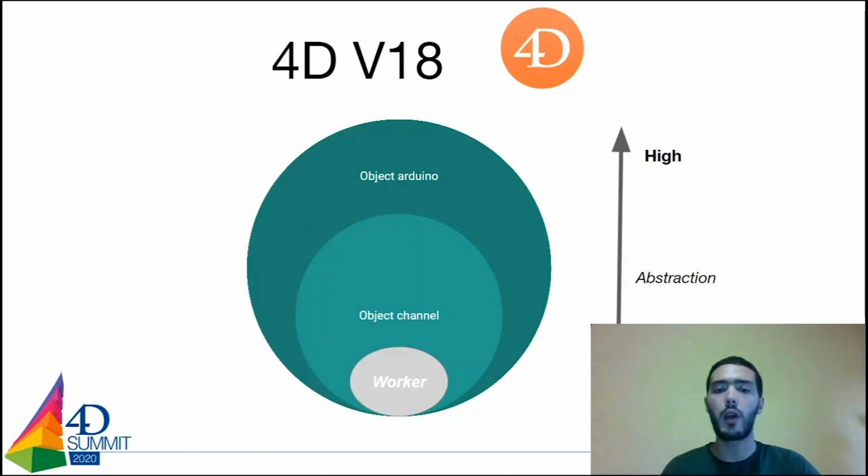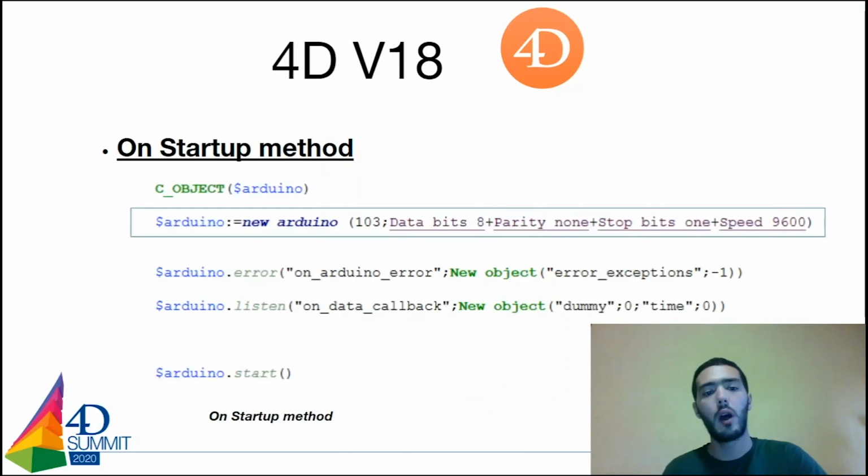We'll do the same with Arduino to start a communication or to start the Arduino board. So we'll see these in more detail in the next slides. So this is how the abstraction works.